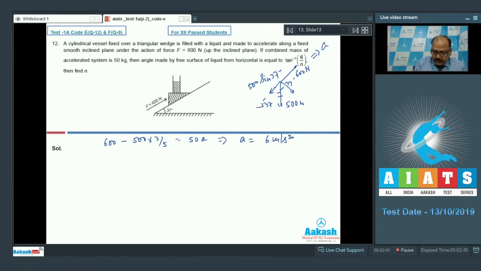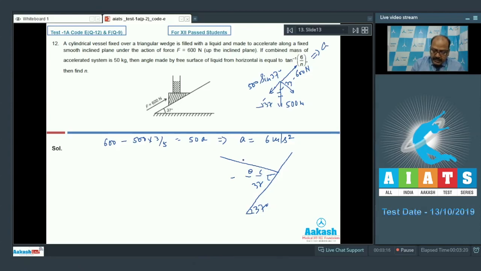Now let's consider that the liquid surface makes angle theta with the horizontal. So let's say this is the horizontal and the liquid surface makes angle theta with this horizontal, and this is the incline. So we are considering the surface of the liquid. This angle is 37 degree. This angle is also 37 degree.